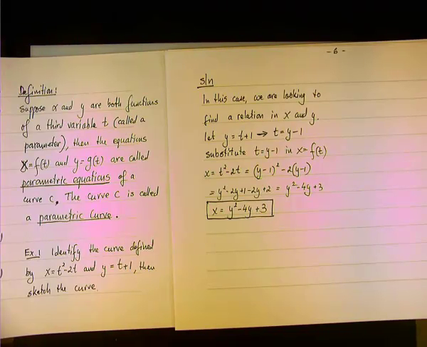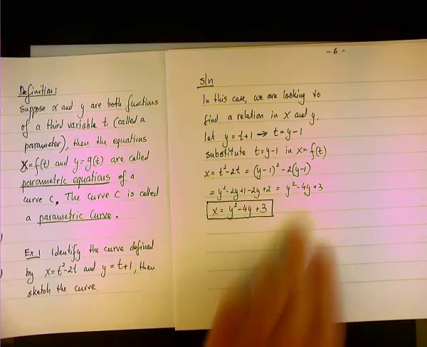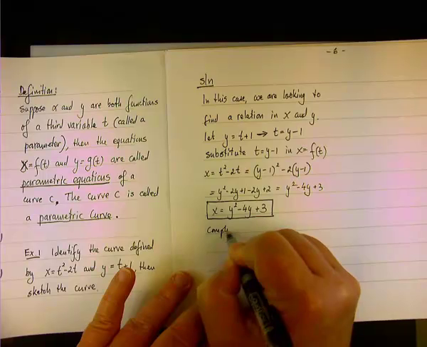Now, can you tell just by looking at it before we start sketching it, what is that? It's going to be what? We can complete the square, but that's not a bad idea actually.